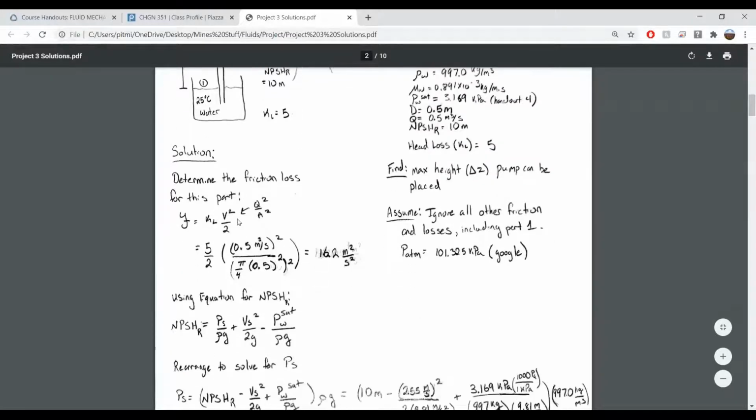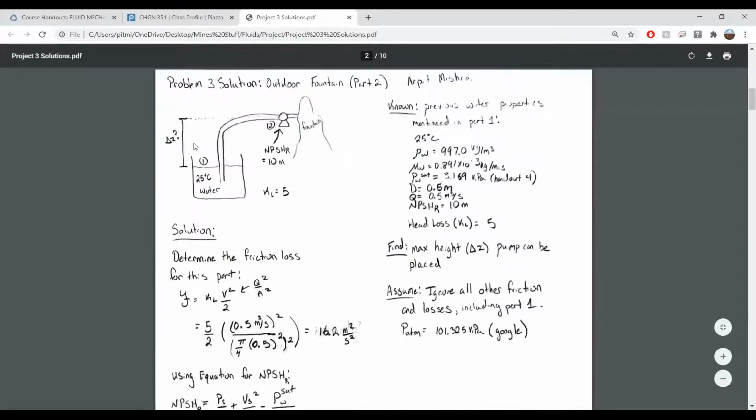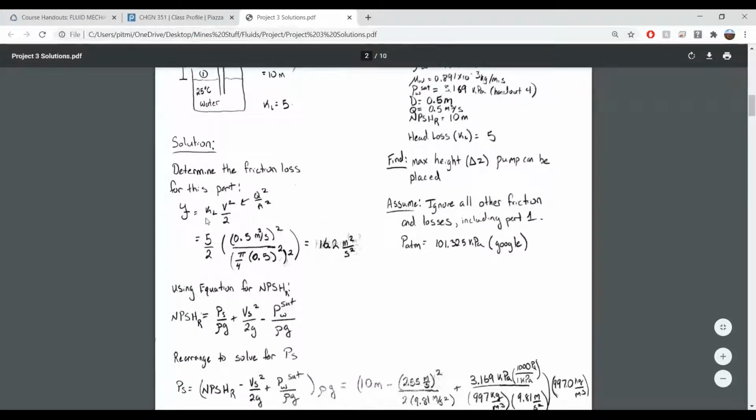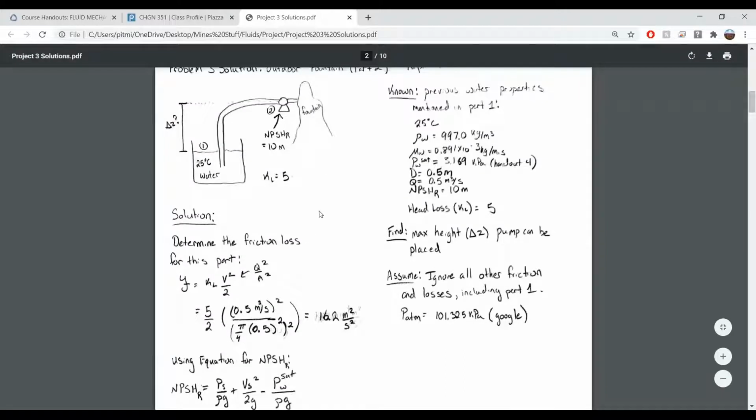So in order to determine delta Z, we have to figure out the friction loss through this turn here.